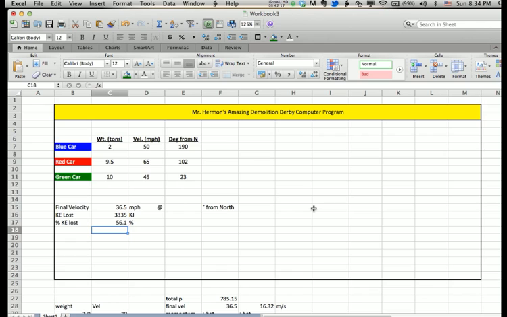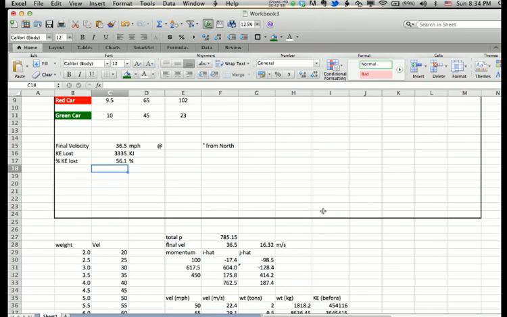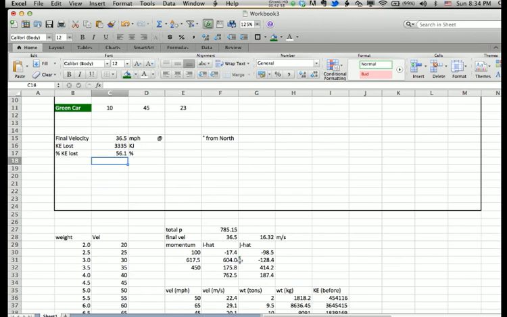That part's all done. So a couple things we're going to have to do still is we need to make a graph of this whole situation, the Demolition Derby graph, and we're going to have to figure out the degrees from north, which is still going to be difficult. Okay, so we have I-hats and J-hats of all these things.